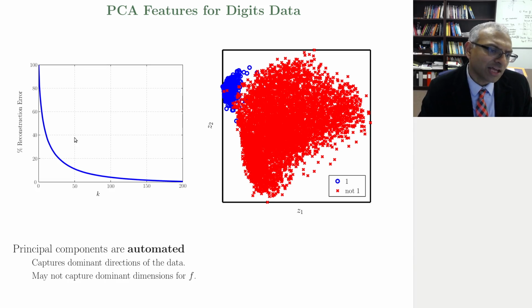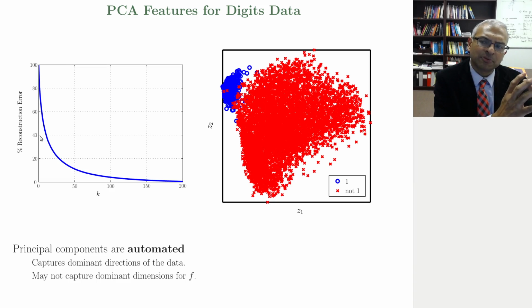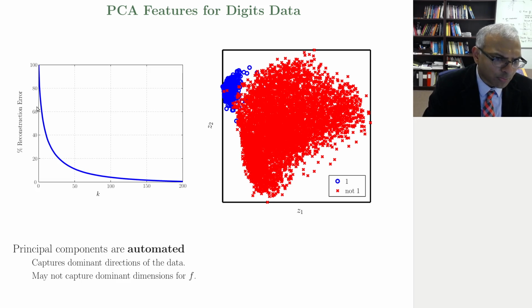Okay. And on the left, I'm showing you the reconstruction error. Remember, when we multiply the principal components by the corresponding vectors, we get a reconstruction of x. So how does the reconstruction error drop with k? And the percentage reconstruction error, so we have 216 or so features.